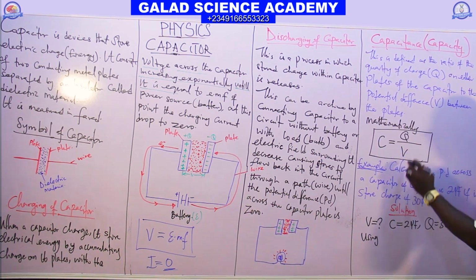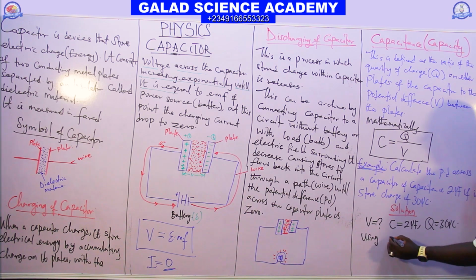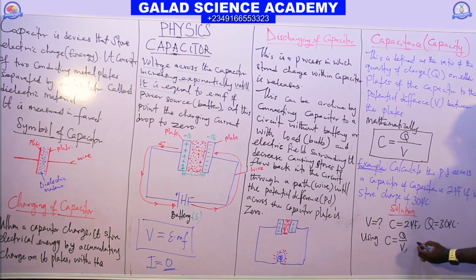So using what formula? We are looking for V. C equals Q over V. By applying this formula, we can say V equals Q over C, making V the subject of the formula.